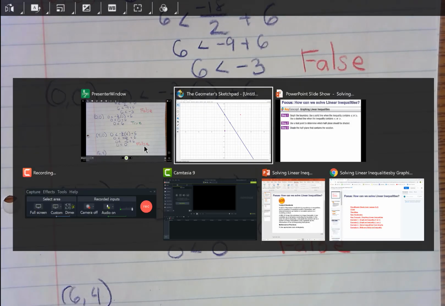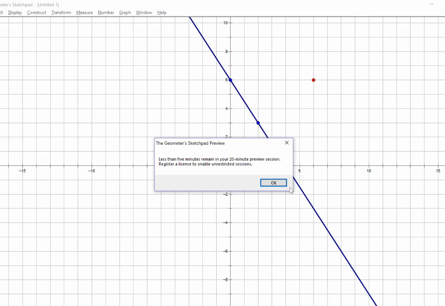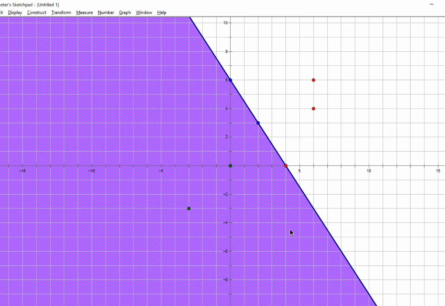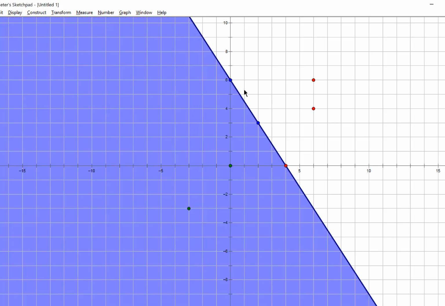So if I go back to my graph and I plot this point, we can see that that point is false. And if I were to try a few more points, we could see that points above the line are coming out red and below the line are green, which means that all of the points below this boundary line are going to be solutions.